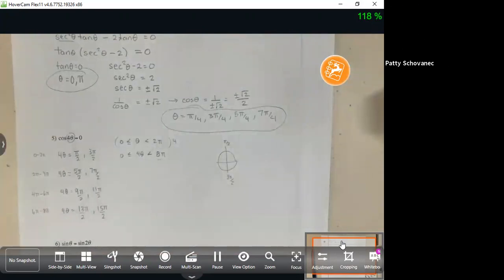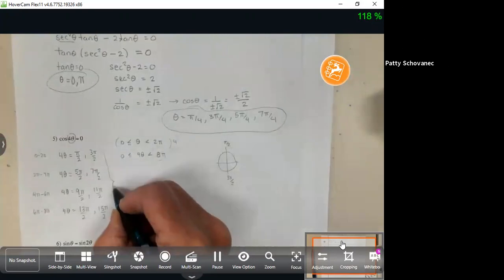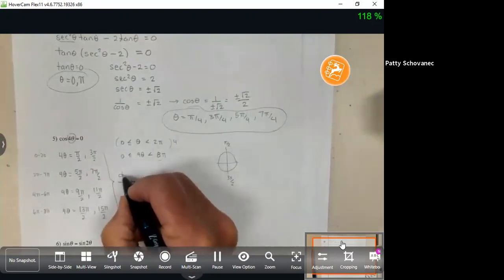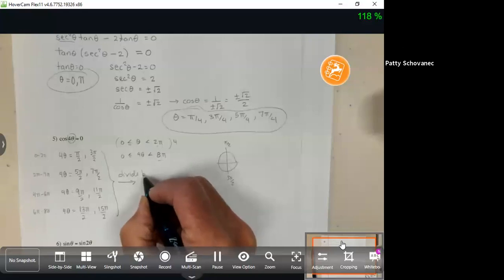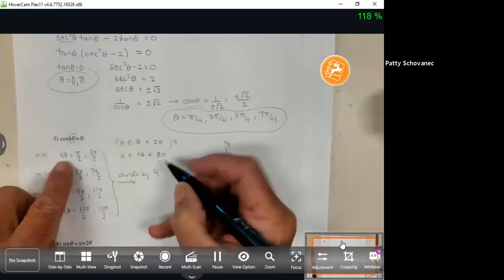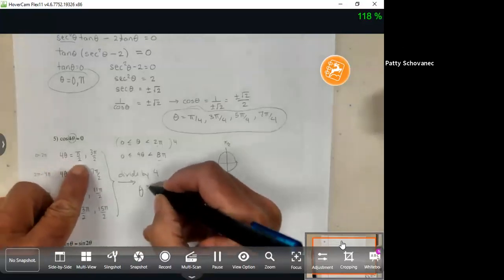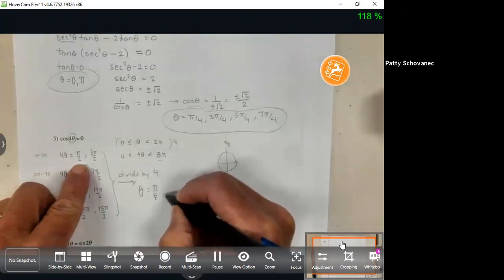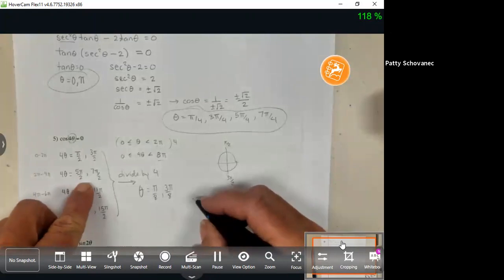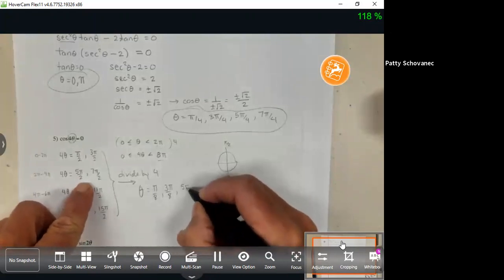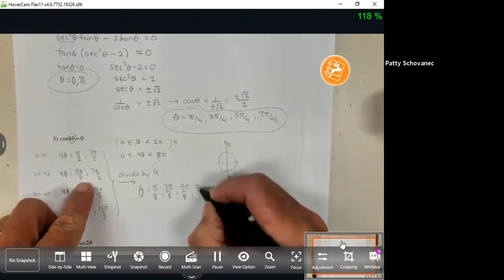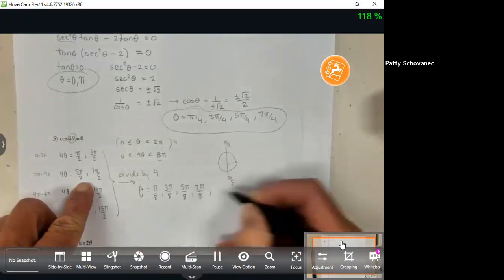But my job is to find angle theta. So I'm going to take these 4 equations and divide both sides by 4. Up here, that'll give me theta is equal to pi over 8 and 3 pi over 8. Divide those by 4, the denominators become 8: 5 pi over 8, 7 pi over 8.